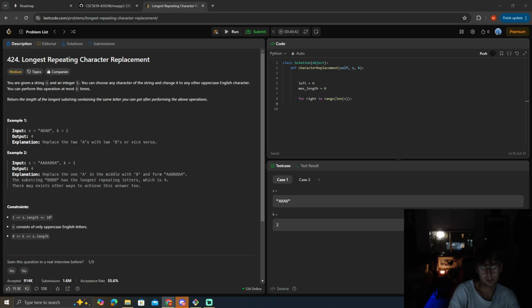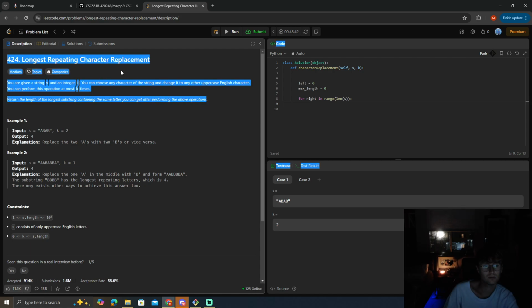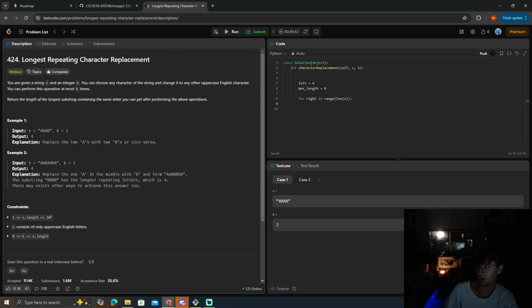Let's ask ChatGPT. We'll say, let's copy this. No, we just want to copy it. Let's say Leetcode 424, longest repeating character replacement.